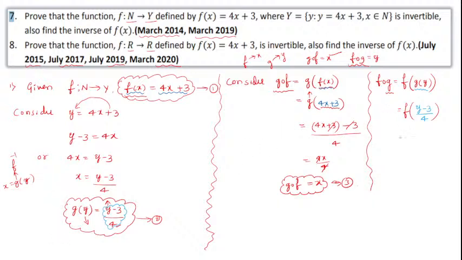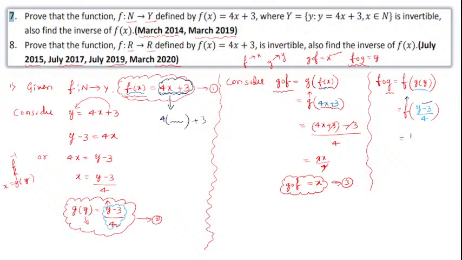So clearly we know that this starts as f of something, so my function is f of x. So f of x is equal to 4x plus 3, clear? So in place of x, you have to work out (y minus 3) divided by 4.